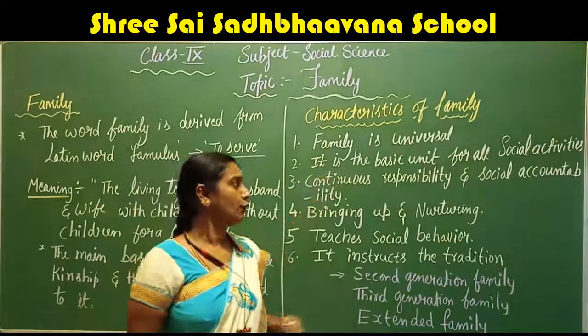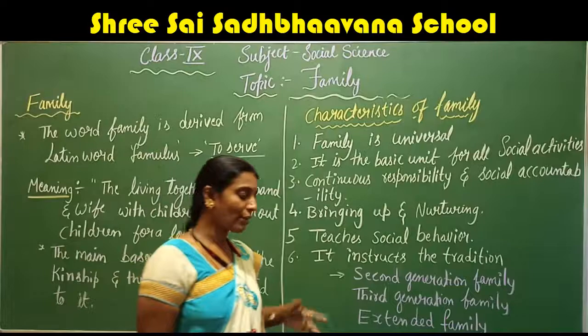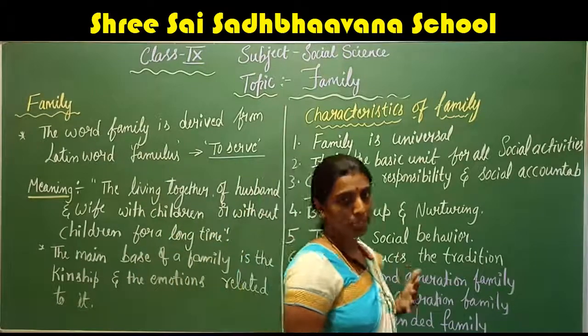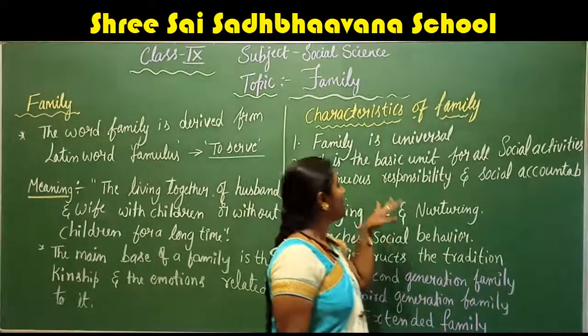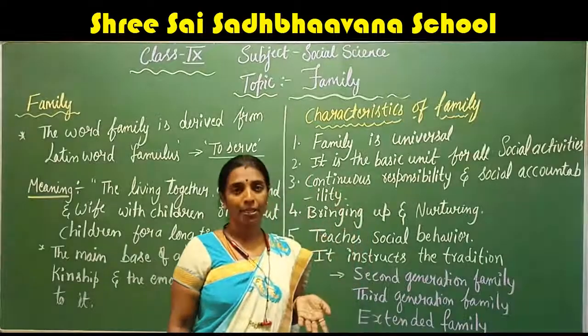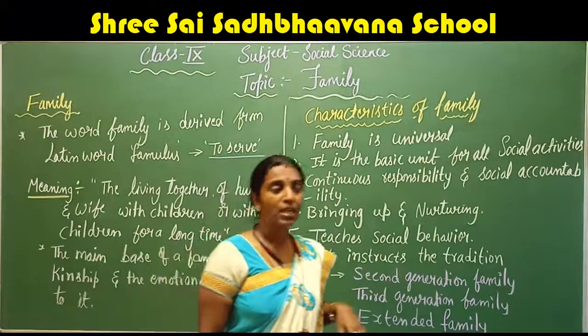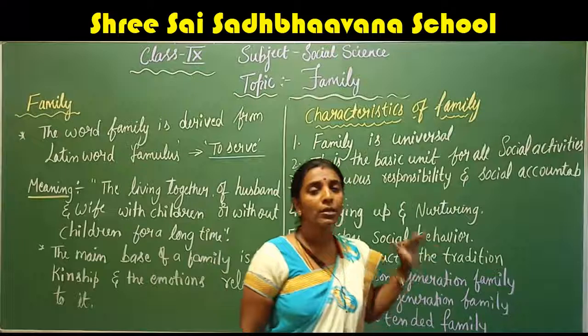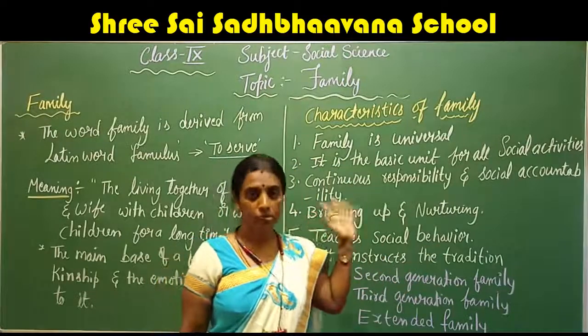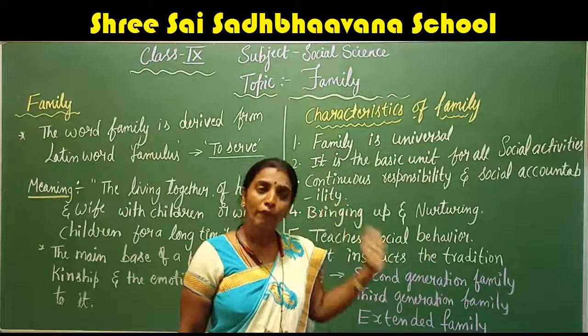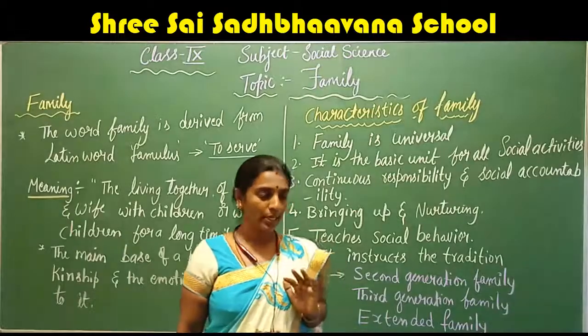It is the basic unit for all social activities. When I was giving the introduction, I explained that it is the basic unit for all social activities. I said man is a social being. You want to involve in societies and in different institutions of the society.